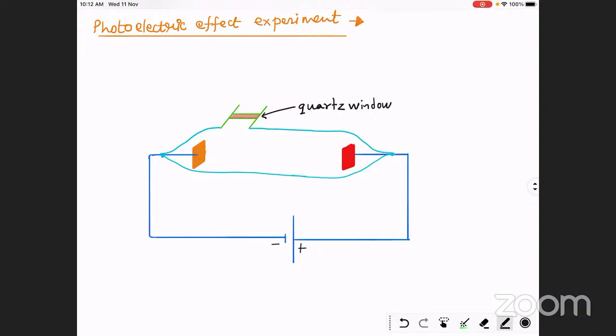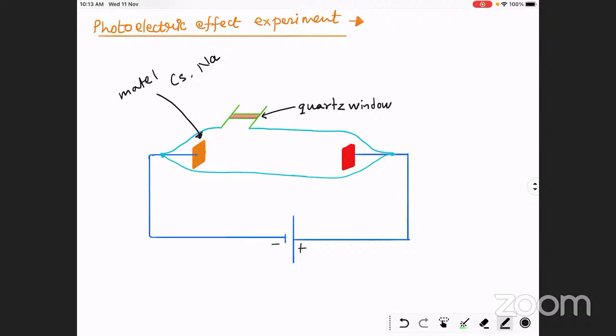Quartz window will allow only that particular radiation which has the energy required to eject an electron from the metal surface. Okay, now this is a metal. Assume you are using cesium or sodium, because it is very easy to eject an electron from cesium or sodium.